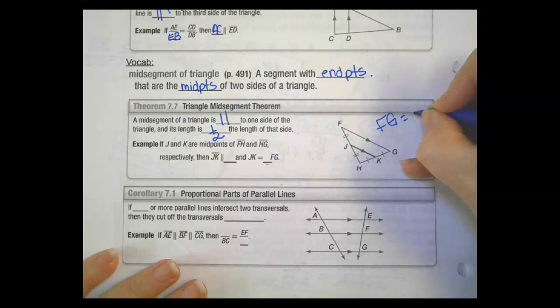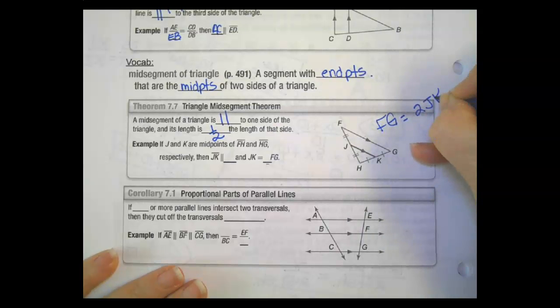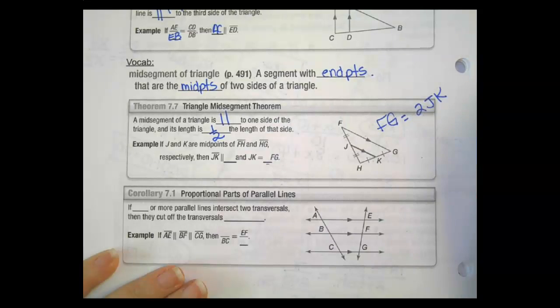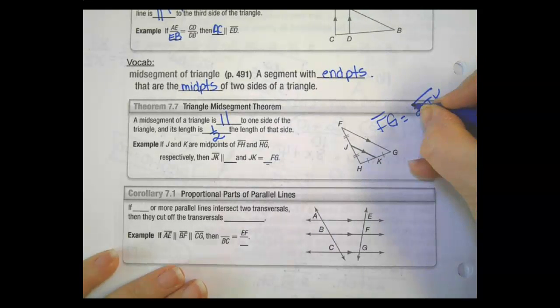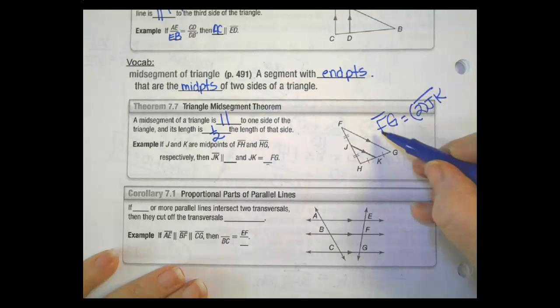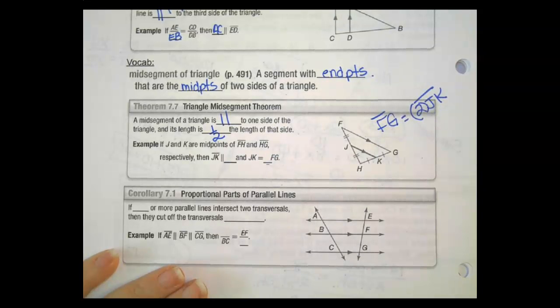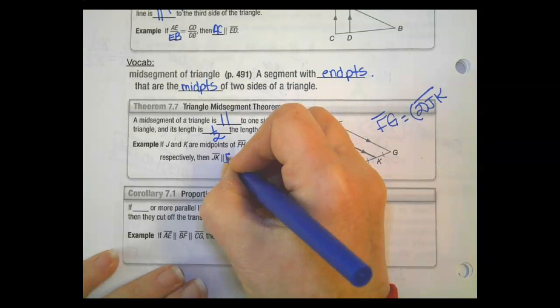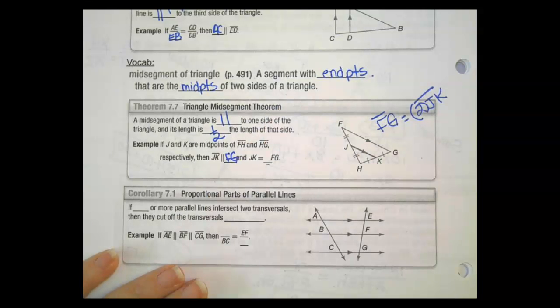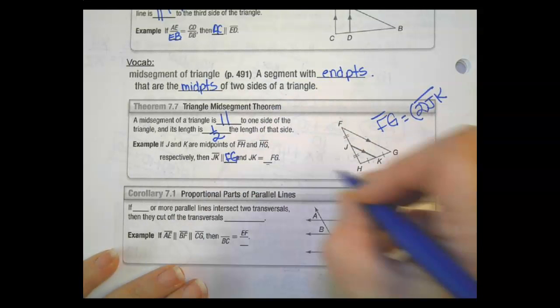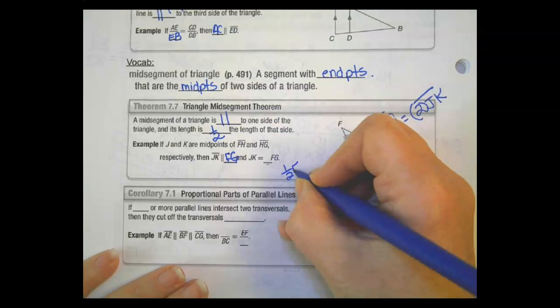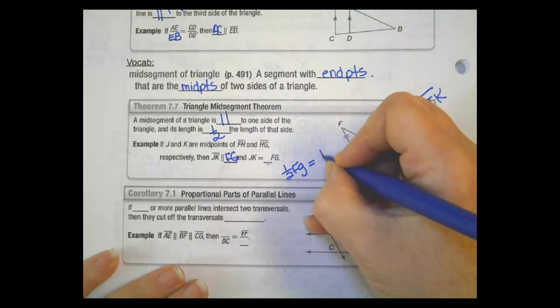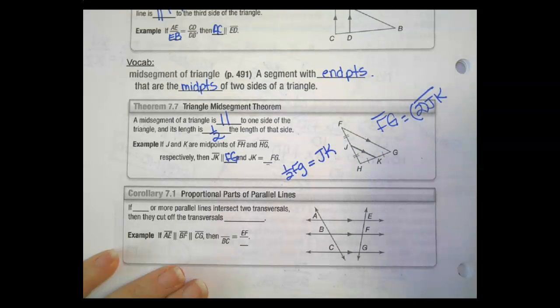FG is equal to 2 times JK, or you could go the other way. You could divide this one by 2. So if J and K are midpoints of FH and HG respectively, then JK is parallel to FG, and JK is 1/2 of FG. So either or. Okay.